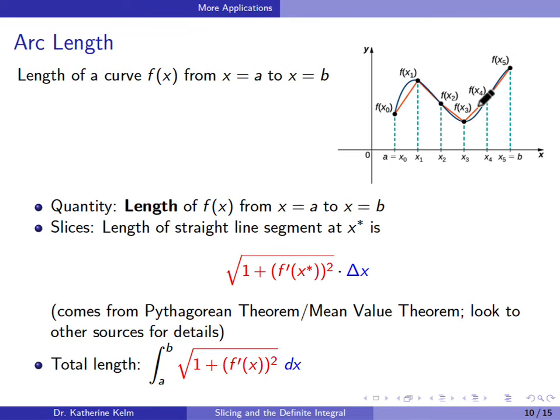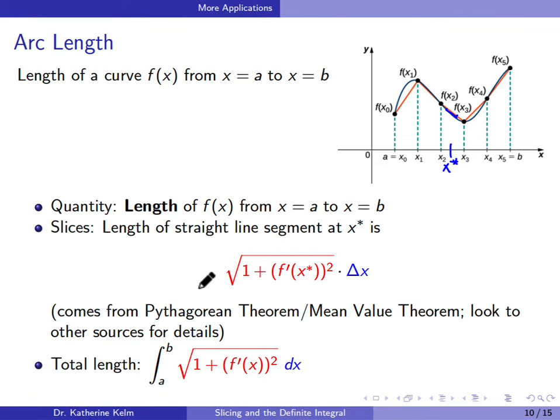Now it turns out that if we pick a representative x star between a and b, and we look at the segment formed by the points at x star, the length of that segment is going to be the square root of 1 plus f prime of x star, all squared, times delta x, where f prime is the derivative of f.